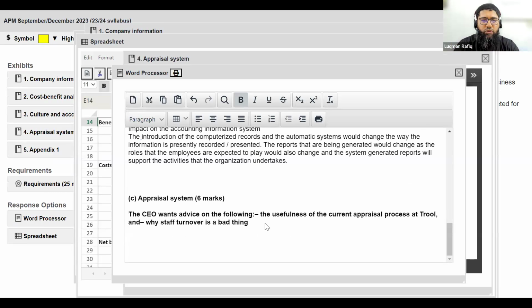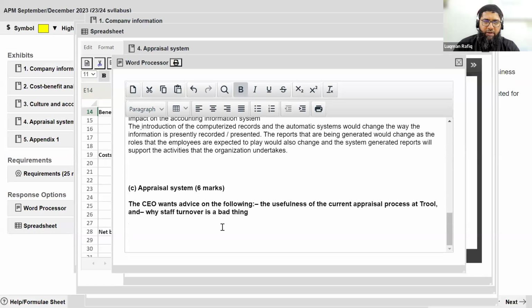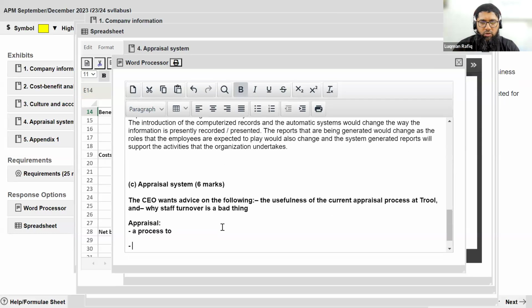So majorly, you need to first of all talk about the concept of appraisal. What is the concept of appraisal? It's a process to evaluate the performance of the employee and identify learning and development needs.